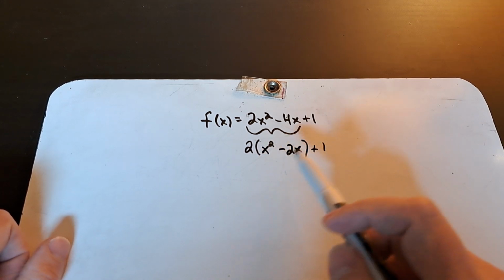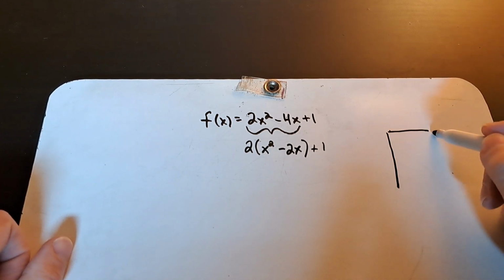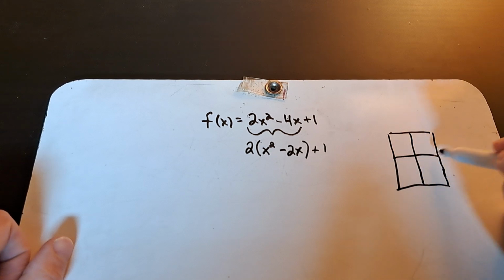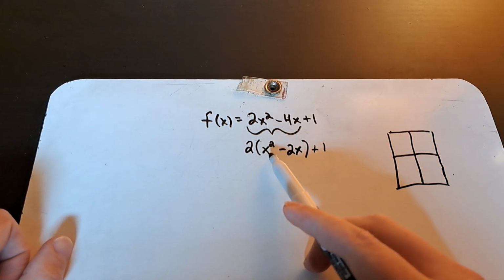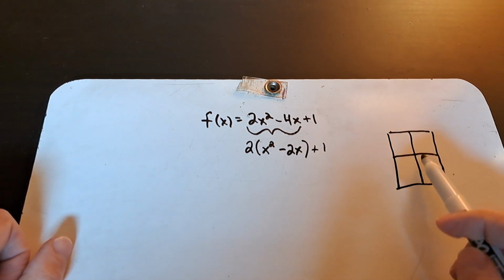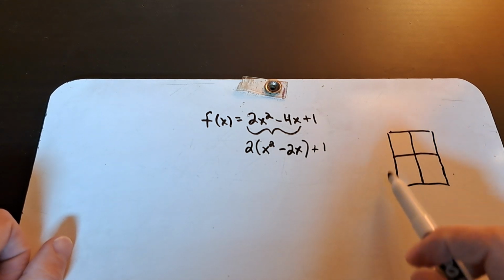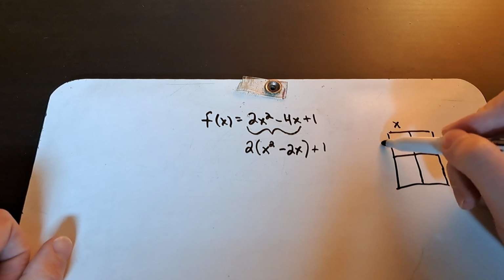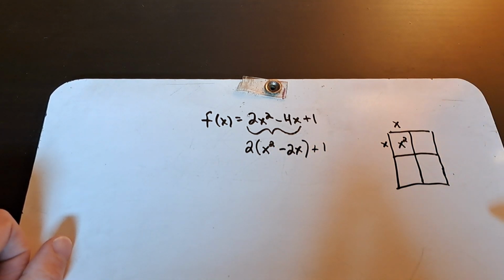Well, in order to complete the square, if it helps you in any way, you can draw a box with 4 squares. And we know that in order to complete the square, what we're trying to do is add a square that makes this thing a perfect square, so makes the sides equal to each other. And so the first box, x times x, is going to give me an area of x squared.